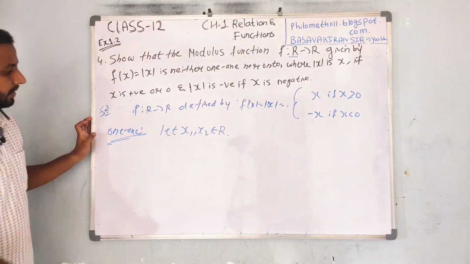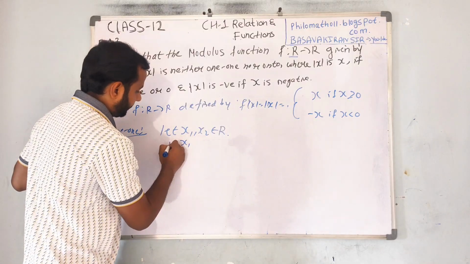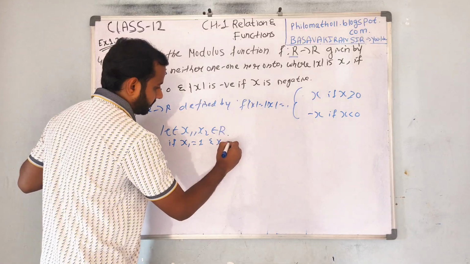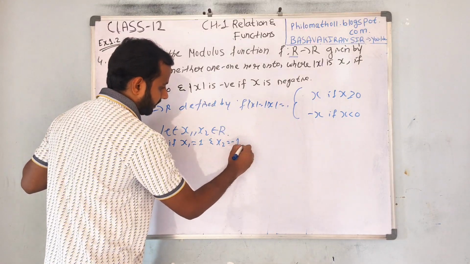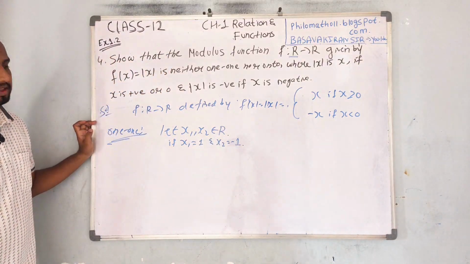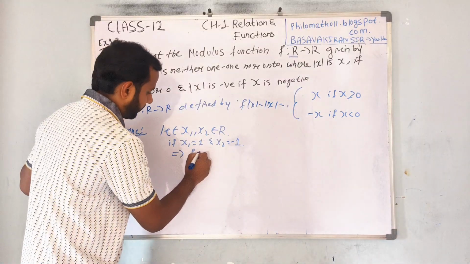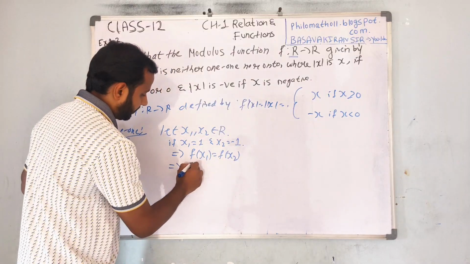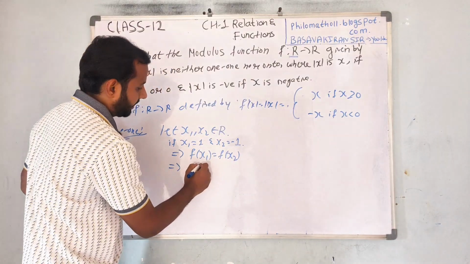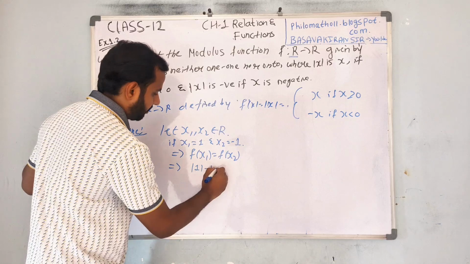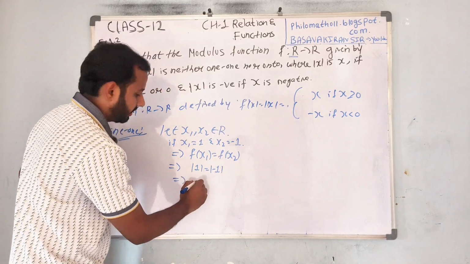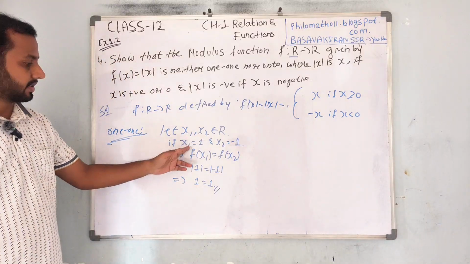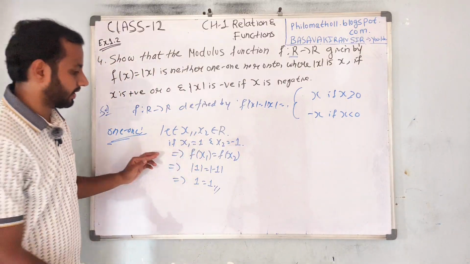Let us take a simple example. If x1 equals 1 and x2 equals minus 1, I have taken x1 as 1, what value have I taken for x2 now? -1. Then f of x1 is equal to f of x2. What is your f of x1? Mod of x1 is mod of 1, then mod of minus 1. What is mod of 1? 1. Mod of minus 1 is also 1. What answer did we get for both now? The same. But what did I take at the start? x1 is not equal to what? x2.